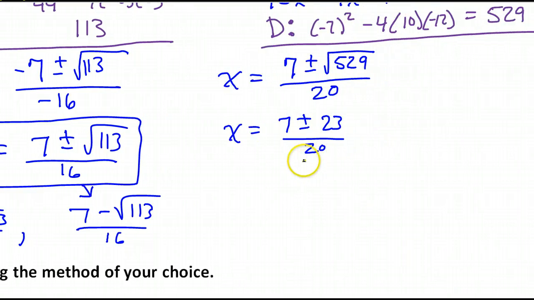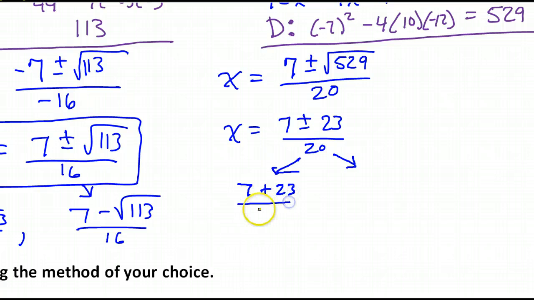Okay, so you must recognize that this means two things. It means 7 plus 23 over 20, and it means 7 minus 23 over 20. Plus or minus 23.